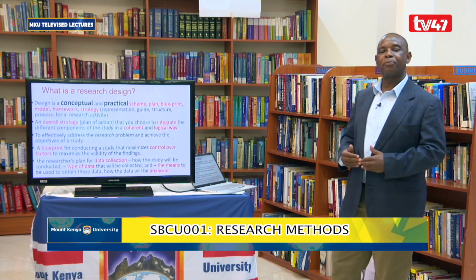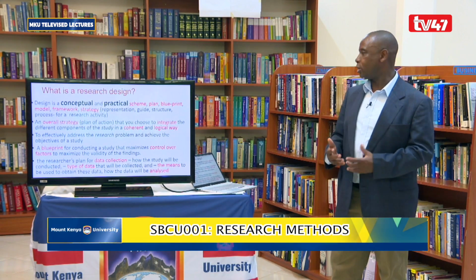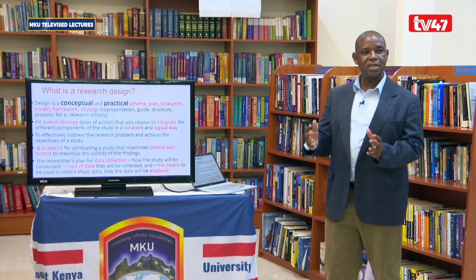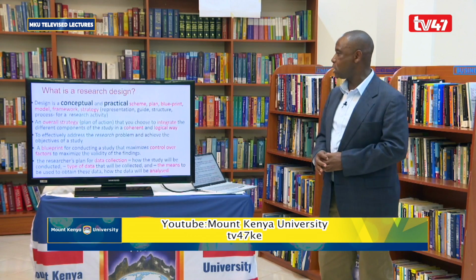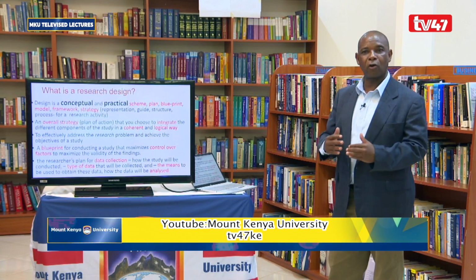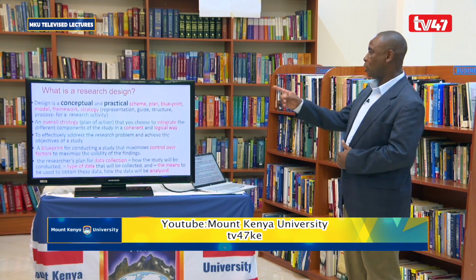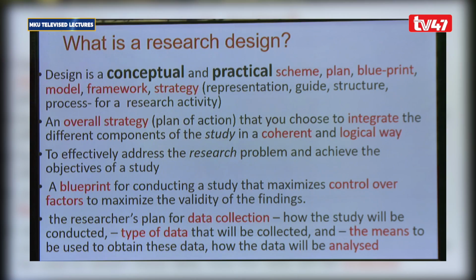Ideally, it is a representation of what you are going to do, either in terms of an idea or in practice. It is a guide, it's a structure that all other components of research fit in, and it's also a process of all the activities. As a strategy, it is an overall plan of action. A strategy is a plan of action that you choose to integrate different components of research that I named earlier.